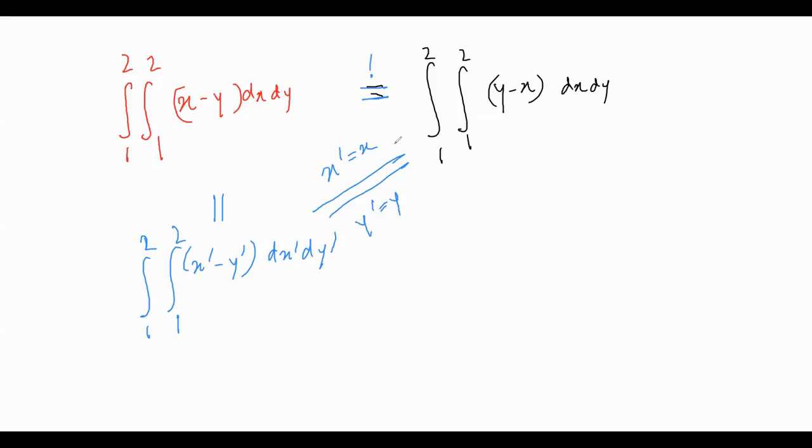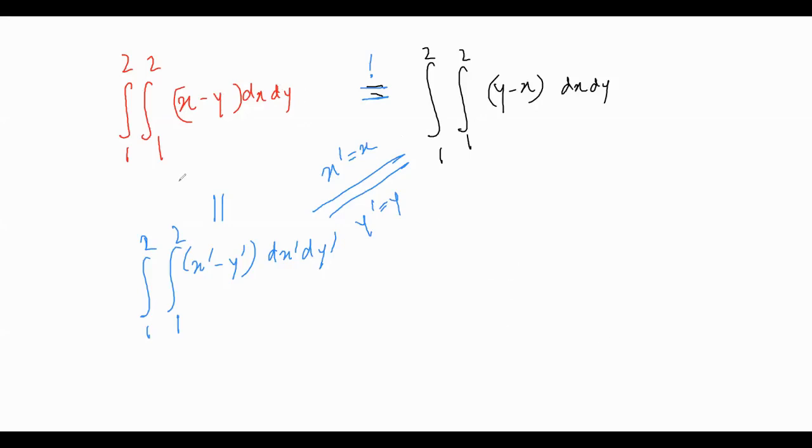Because x and y do not depend on each other, and the limits both vary from 1 to 2 without any dependence. If it had been y equal to x square, then it wouldn't have been symmetric. So it's symmetric in the variables.